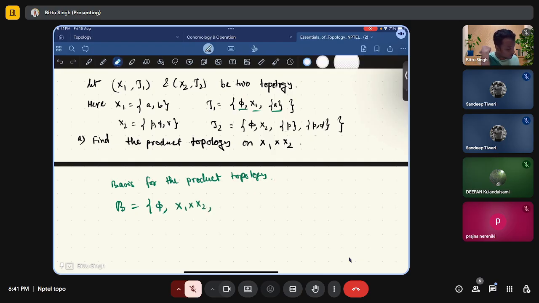Now x1 cross p and x1 cross pq. Another one is everything, that is done. Now there is another thing, a cross, right? A cross x2, this one, then a cross p and a cross pq.